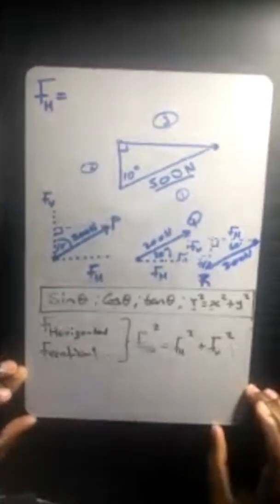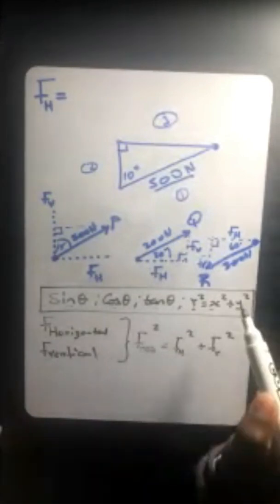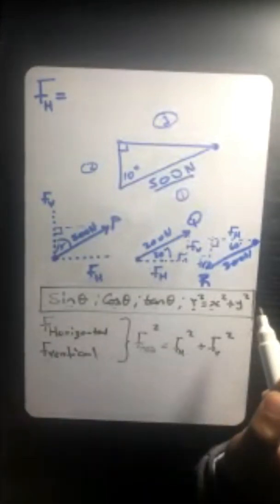Okay, so now, can you see P is towards the right? So that means we can assume that direction being positive.